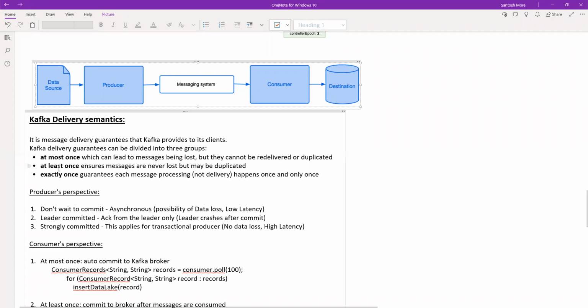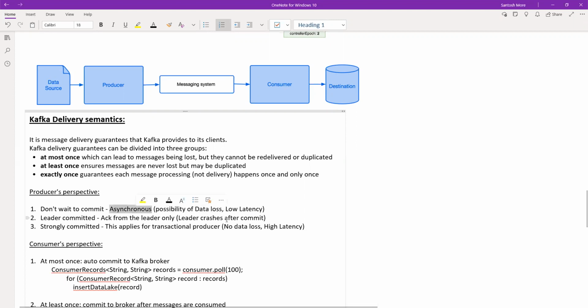So that is what at least once means. The message won't be lost in this case, but the problem is whenever there is a leader crash just after the commit, the message that was written before it is replicated to the followers will be lost, right? So you will still have data loss, but it won't be as dangerous as the previous one, right?